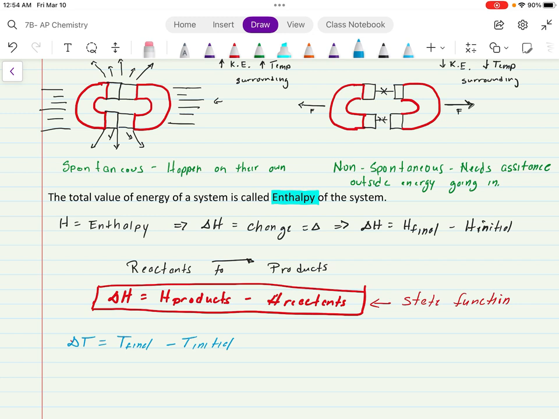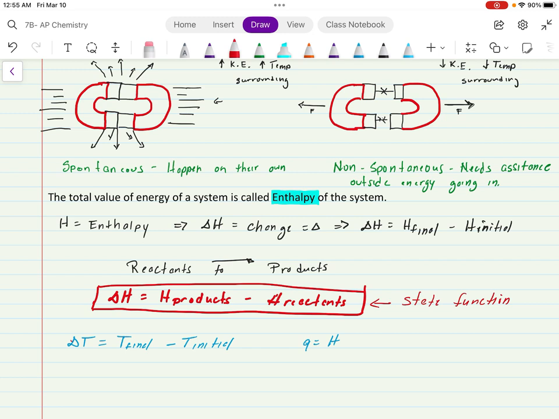Now, when we're talking in terms of exothermic and endothermic, remember that energy or heat is equal to the energy, right? Because we said that most of the time, heat is a byproduct of energy, right? So when we're talking in terms of exothermic and endothermic, then that also relates to the enthalpy of the system.